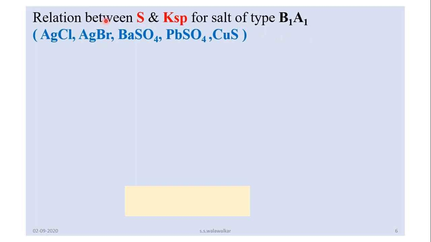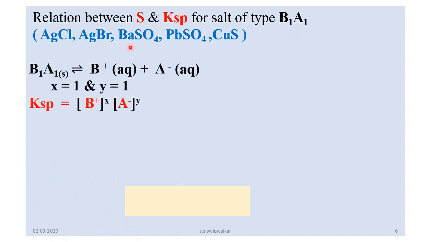Now we will study the relation between solubility and Ksp for this type of salt. So, in general, it is represented as B1A1, a sparingly soluble salt. It is dissolved in water so that it forms an equilibrium. The solubility equilibrium for this type of salt is B ions plus A ions.